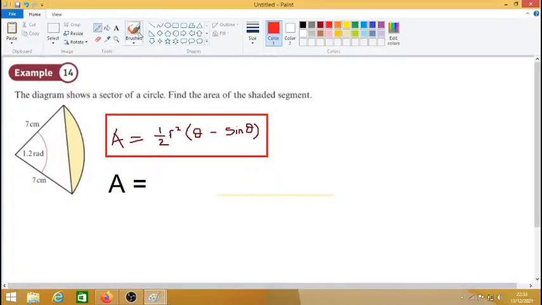We're going to have area is equal to a half times 7 squared, which is the radius squared, and then times by, and then in brackets we've got theta, which is 1.2, minus sine theta, so that's sine of 1.2.